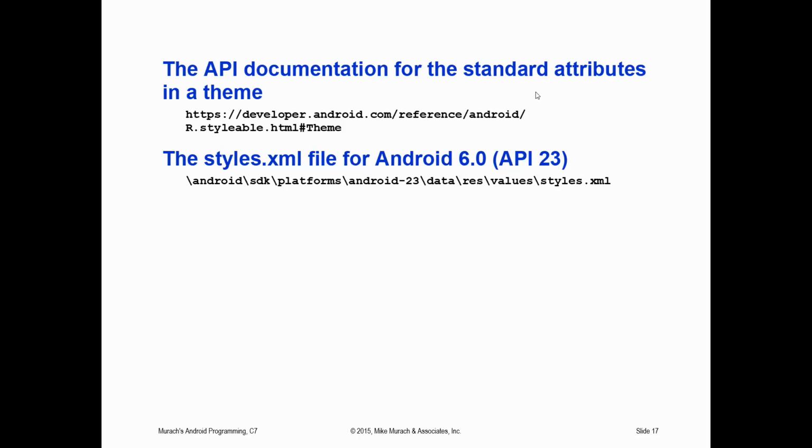Within themes, the name attribute of an item element can specify an attribute that corresponds basically to the theme style. So, a style typically you apply to a widget. A theme is typically a collection of styles that you apply either to a screen or to an entire project.